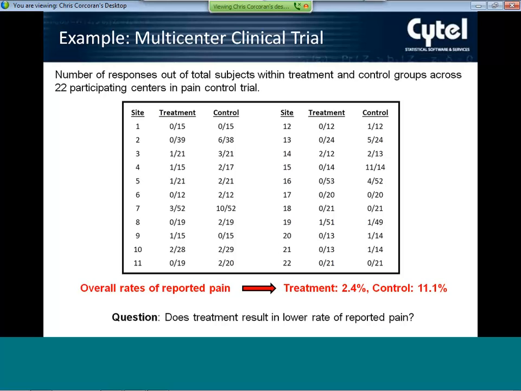But also, as you know, we have to somehow account for site. In other words, the individuals within site are likely going to be more similar than individuals between sites. So somehow, again, that correlation needs to be accounted for in the analysis.